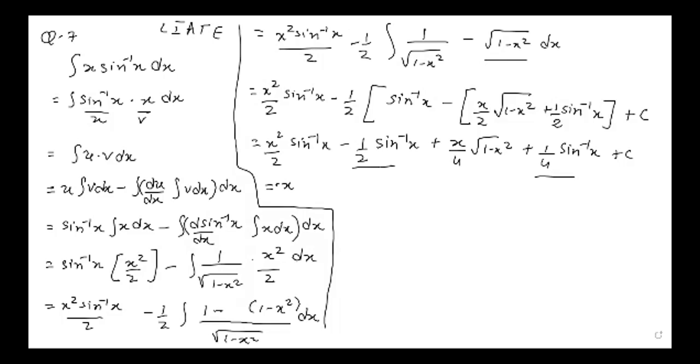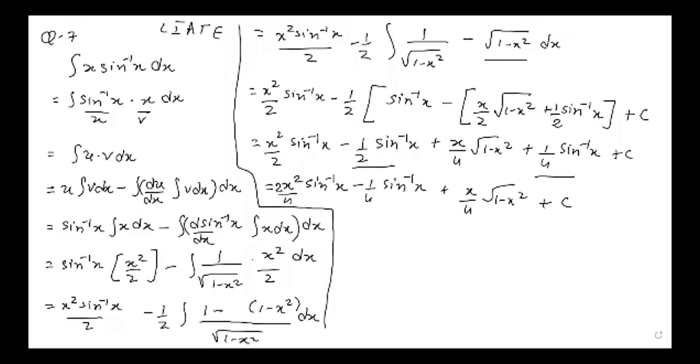And I will make this 4 by multiplying 2 and dividing 2. This will be 2 by 4, that is minus 1 by 4 sine inverse x, and x by 4 root 1 minus x square.